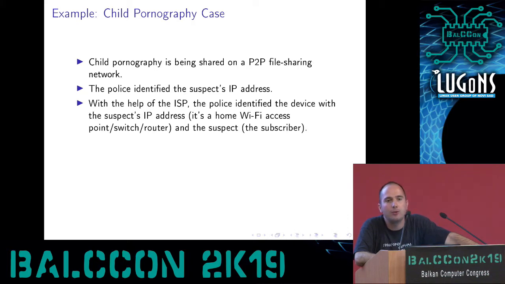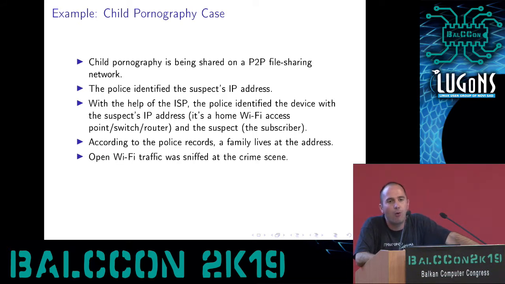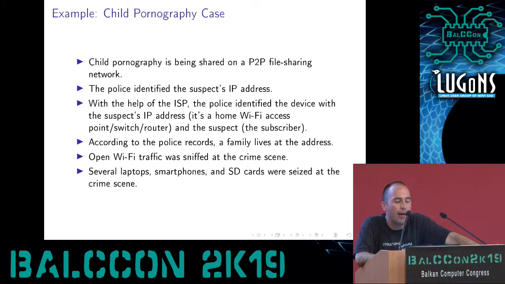With the help of the internet service provider, we were able to get information about the subscriber and the device, and it turns out that the device in question is a Wi-Fi router, and that at the suspect's address there is a five-member family living there. So police go there, they sniff open Wi-Fi traffic, and later on they enter the premises and find several devices such as laptops, smartphones, and different kinds of memory.